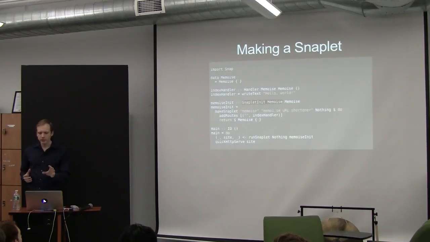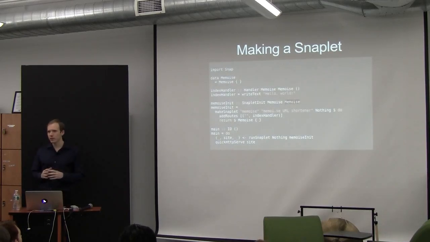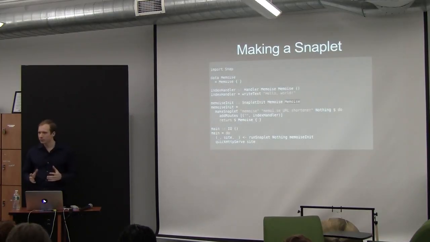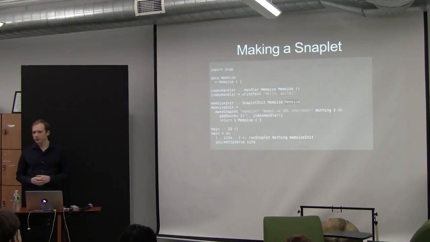So this is a specific action to initialize our Memoize snaplet. It also returns an initial Memoize snaplet environment. So we've got the action type, and then we've got the return type again. This is a common pattern in Haskell. The last thing that you see is going to be the return type of the action.